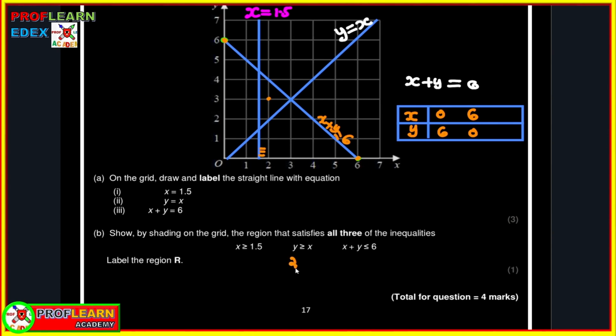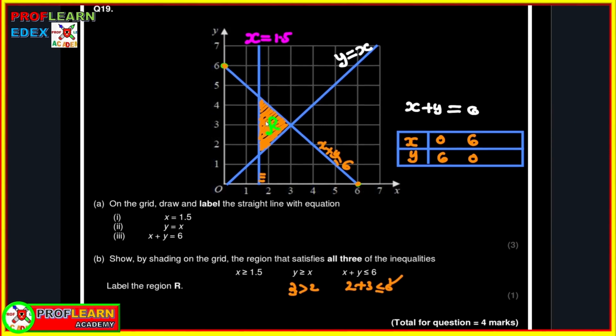So that's going to be (2, 3). 3 is greater than 2, so this region is the required region. For x plus y greater than 6, I can check by substituting: where I have x I put 2, and where I have y I put 3. That point is actually in the required region. So we are going to shade this region inside here, and we can call this region R.